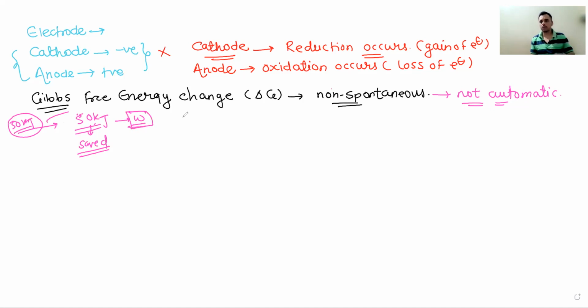Many students get confused about what exactly Gibbs free energy is. Basically, Gibbs free energy, that is delta G, is equal to delta H minus T delta S.